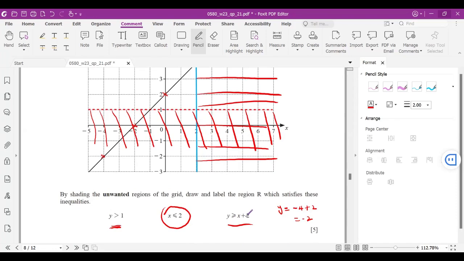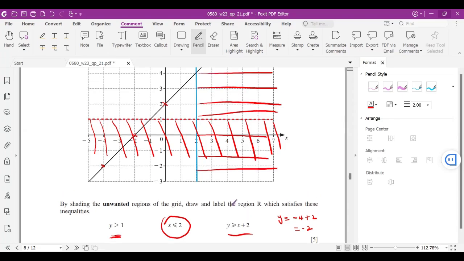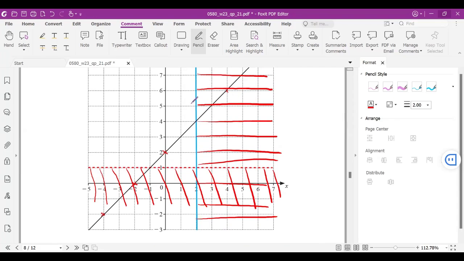This diagonal line. Now, let's go and pick a point. Let's see, is it below or above the line that satisfies this inequality? Let's pick a point above the diagonal line, like 5. When S is 1, Y is 5.